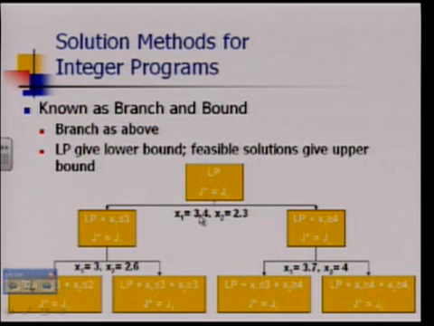So in that case, I check either x1 is 3 or... and then x2, now if x1 is 3 and then x2, still I don't put integer constraint to the linear program, I end up with x2 equals 2.6, okay?